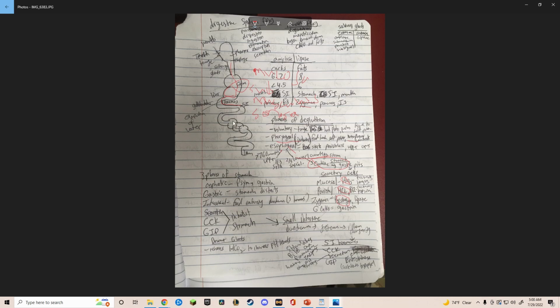Next is the gastric phase, which is when the stomach distends, when there's food in the stomach. Next would be the intestinal phase, when it's entering the duodenum into the small intestine. And this has three hormones actually, secretin, CCK, and GIP. They help inhibit the stomach. And last we have Brunner glands. They release bicarbonate to increase pH levels.